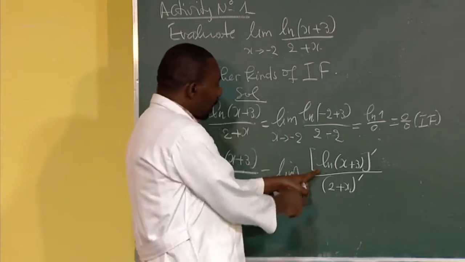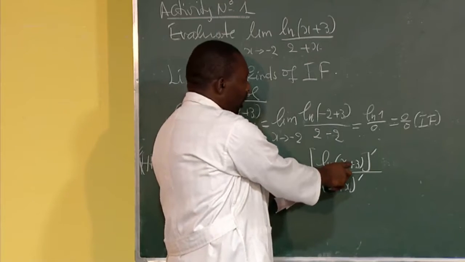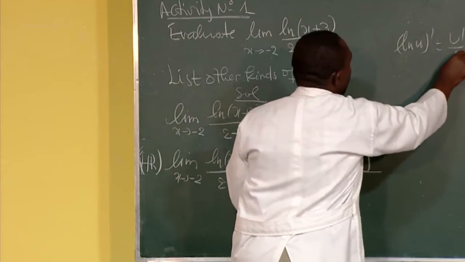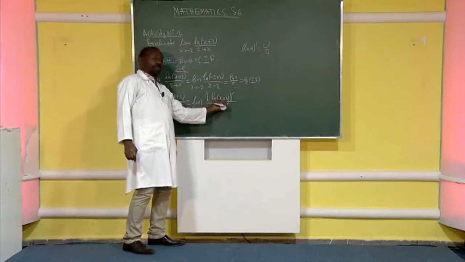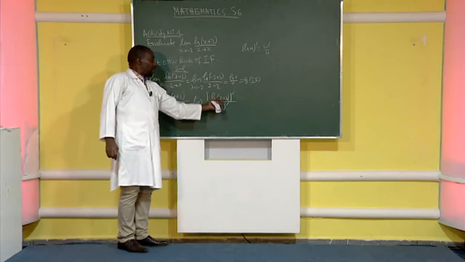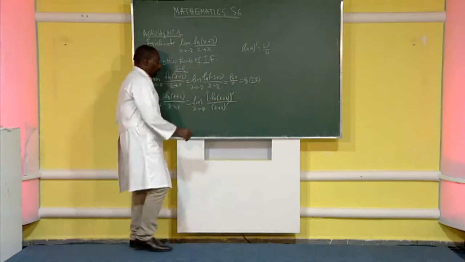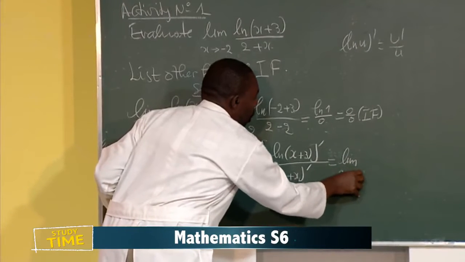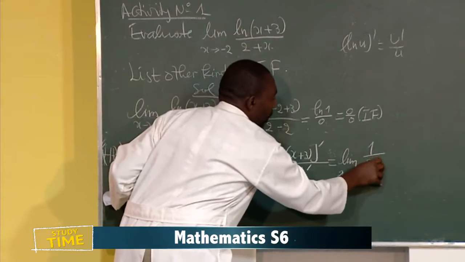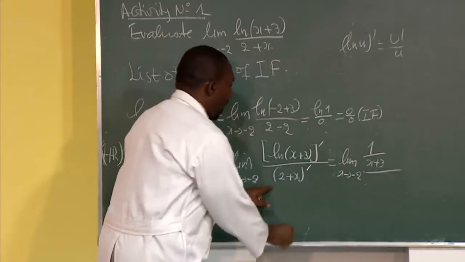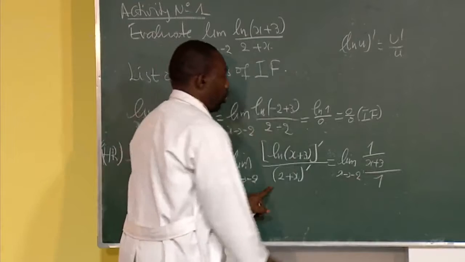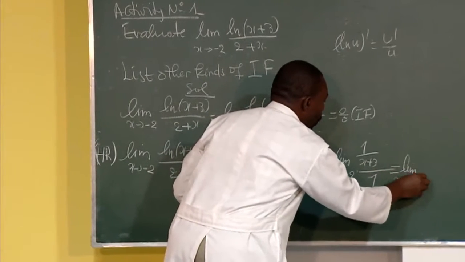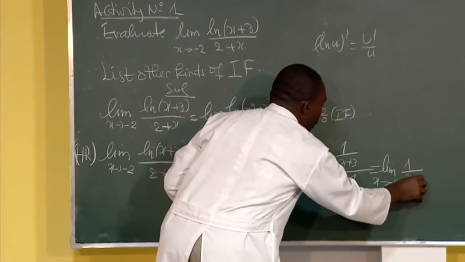Now, the derivative of ln of x plus 3, as you know, for ln of u the derivative is the derivative of u divided by u. For us, u is x plus 3, and the derivative of x plus 3 is 1. So we have the limit as x approaches minus 2 of 1 divided by x plus 3, divided by the derivative of 2 plus x, which is 1. It will be the limit as x approaches minus 2 of 1 divided by x plus 3.